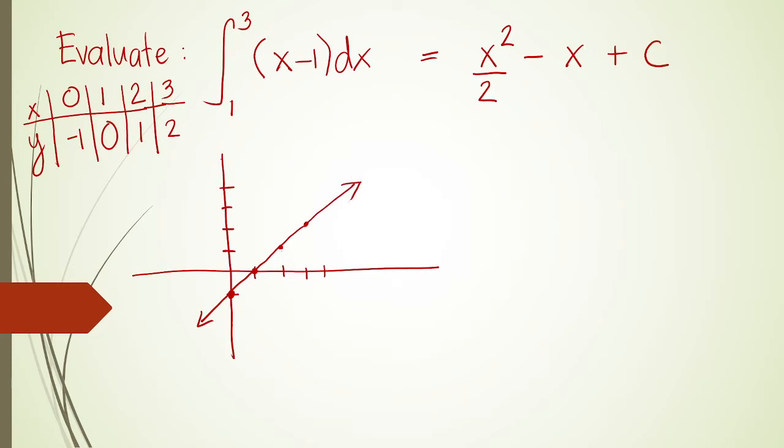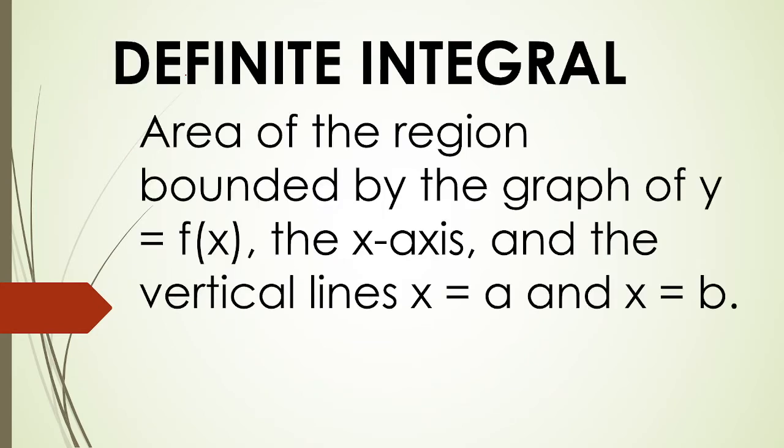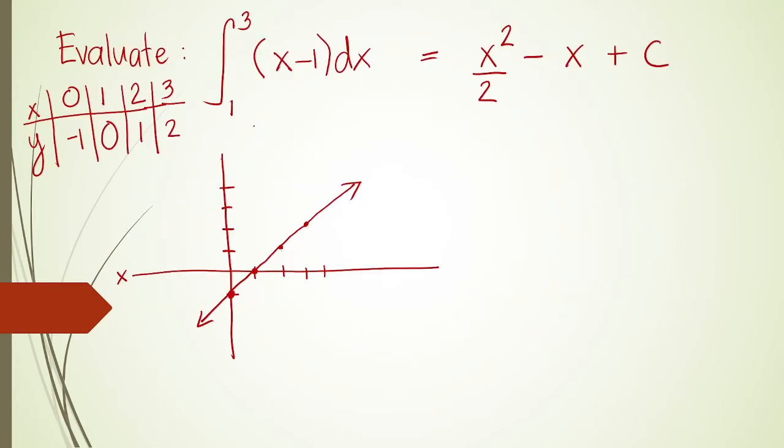Now take note, it's simply the area bounded by the x-axis. So this will be our reference line. The graph itself, and x is equal to a and x is equal to b. This is a, and this is b. So x is equal to a means x is equal to 1.